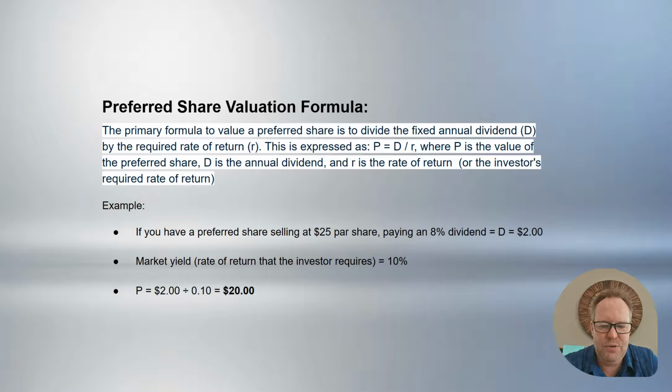So the value of a preferred share would need to be $20, paying an 8% dividend, if you required a 10% return. So using that formula, if something's currently selling at $25, given you require a 10% rate of return, you shouldn't be willing to pay any more than $20 for that preferred share.